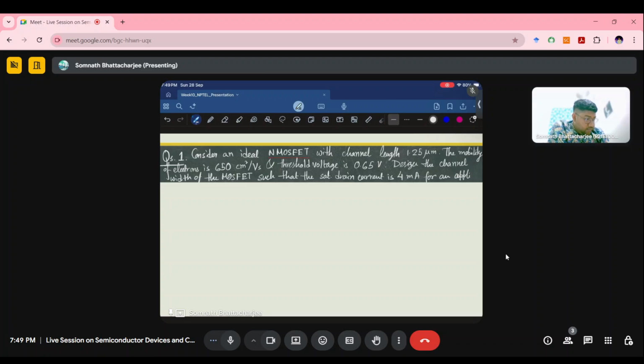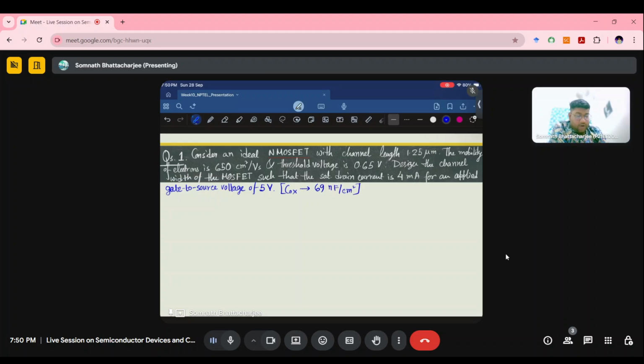for an applied gate to source voltage of 5 volts. In this case, we also know that the Cox value is 69 nanofarad per centimeter square.